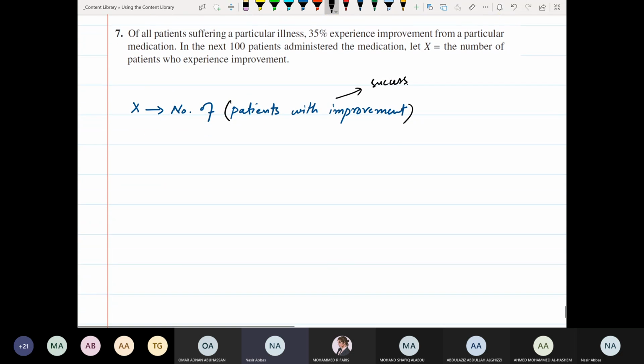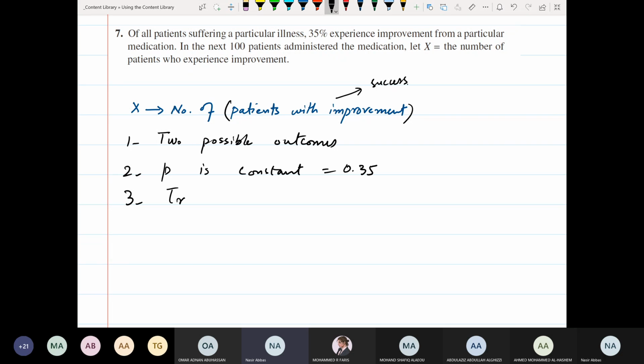And for this experiment, every trial had 2 possible outcomes, success or failure. For every patient, the probability of success was 0.35. The probability of experiencing any improvement is 0.35. Patients are independent, trials are independent.